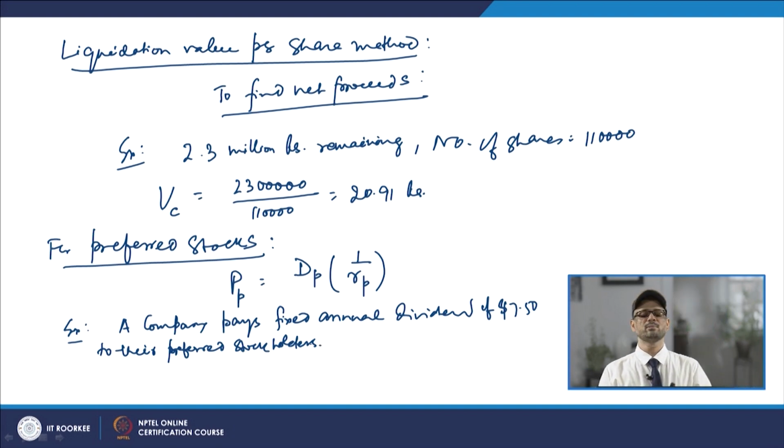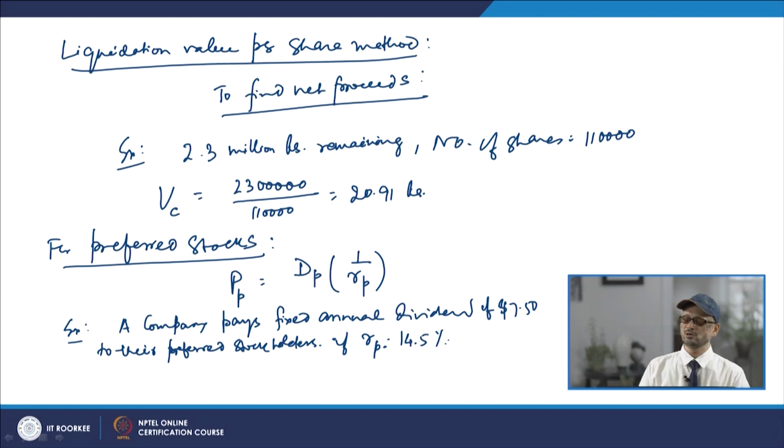Now, what will be the value of the preferred stock if the required rate of return for the preferred stock is 14.5%? The value or price of the preferred stock will be the dividend divided by the rate.